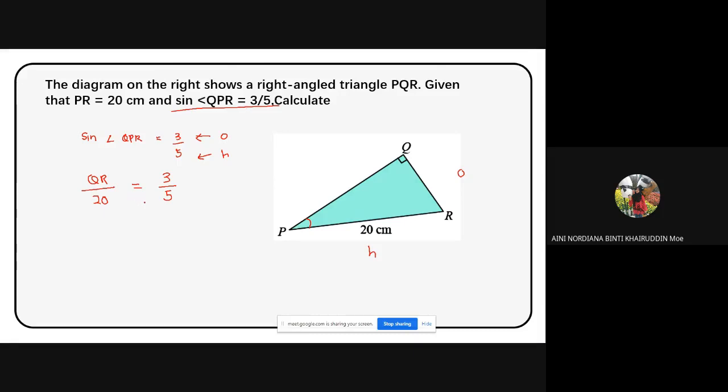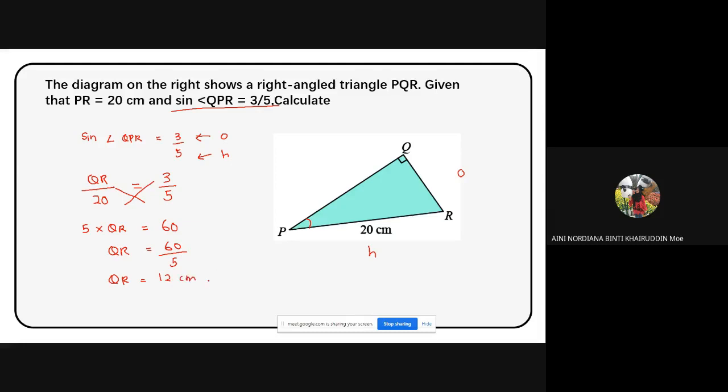So you can use cross multiplication. QR times 5 equals 20 times 3, which is 60. Next, QR equals 60 over 5, which is 12.